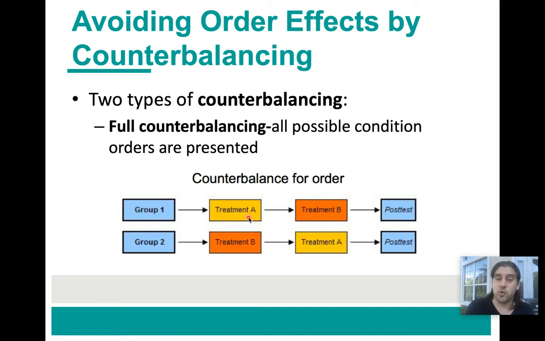Half my people get treatment A and then they get treatment B. The other half get treatment B, then they get treatment A. They get 2 levels of the independent variable. So they're not really independent groups, because everyone is getting either A then B or B then A, multiple levels of the independent variable, versus a true between subjects design.